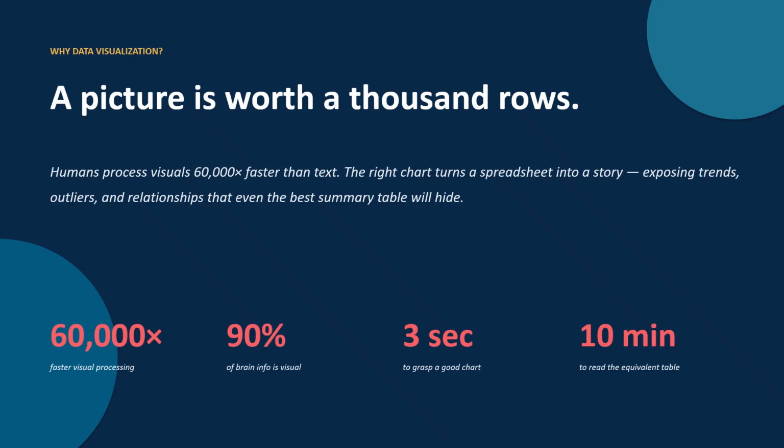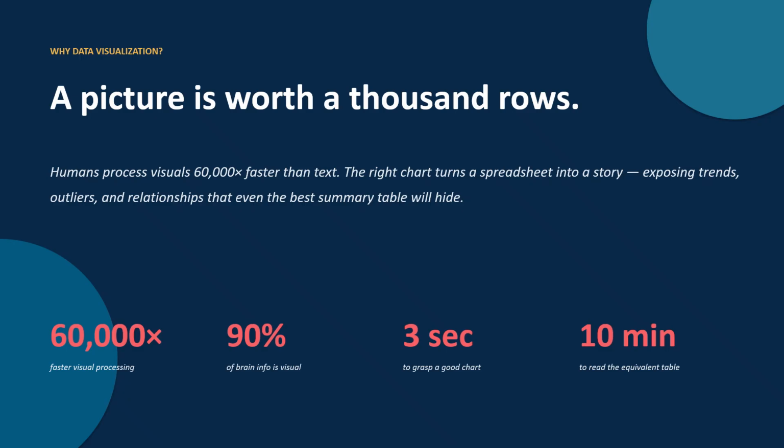Imagine you have a dataset of 10,000 sales transactions. If you are given a spreadsheet, you have to read every row to find the pattern. But if I show you a line chart of sales over time, you will instantly see how sales spike in December and dip in January. That insight took just 3 seconds, not 10 minutes.